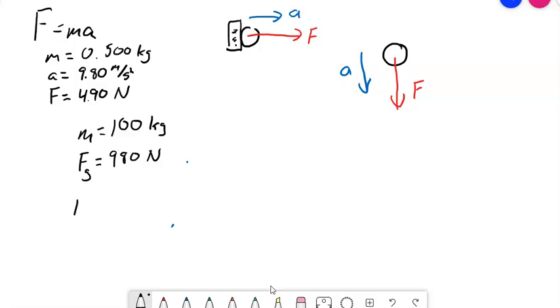So his weight on the moon, F sub g on the moon, is going to be, instead of 980, about 160 or 170 newtons. So on the Earth, he has a weight of 980 newtons. On the moon, he has a weight of 170 newtons.